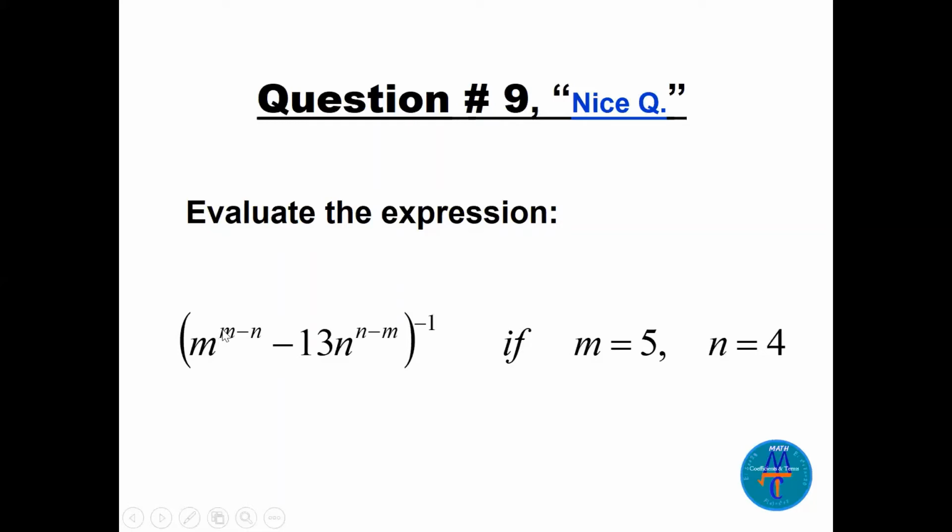So you have m, 3 m's, n, 3 n's also. M is 5, n is 4. That's the last question. I said this is a nice question. You can try it, please. Pause the video and then you can see if you get the answer. The simple answer maybe. Let's see, let's go.